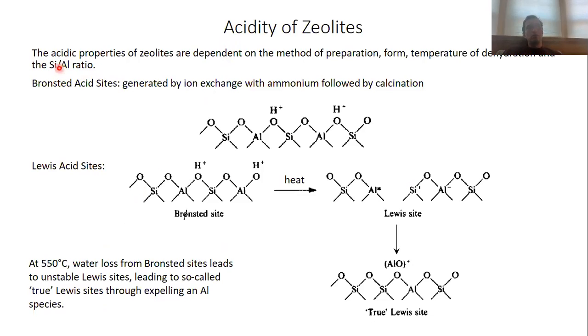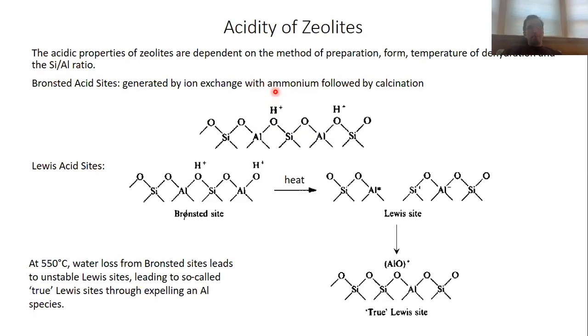So the more aluminum, the more protons you have. However, the more aluminum, also the weaker the acidity of the protons. So high silicas typically have few protons, but these protons are more acidic. And the low silicas have more protons, but these protons are less acidic.